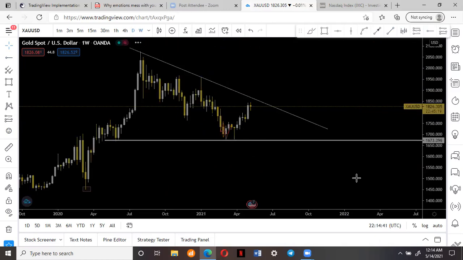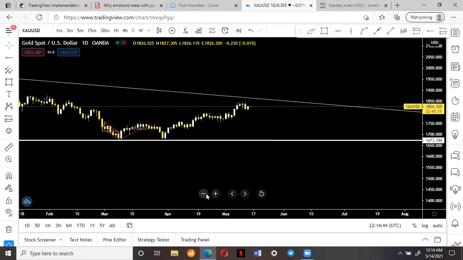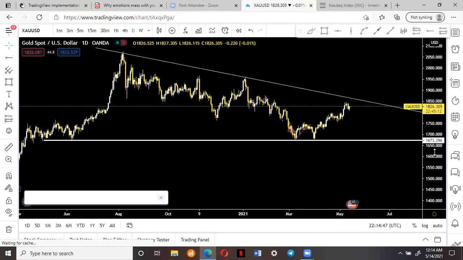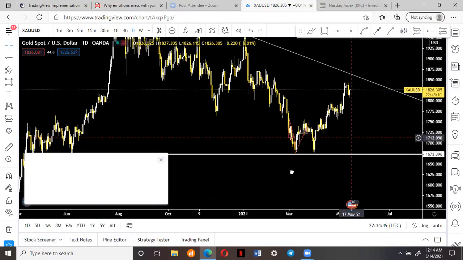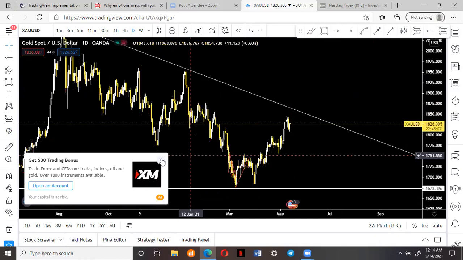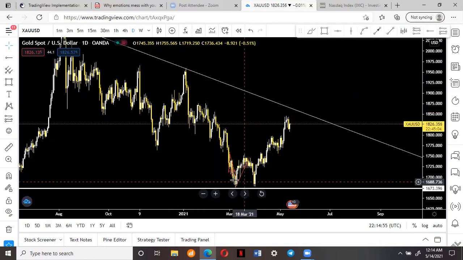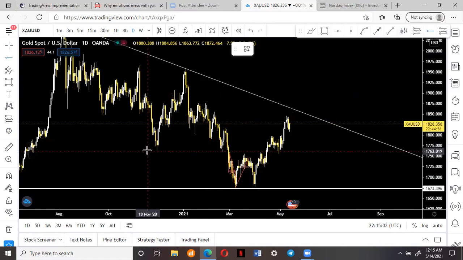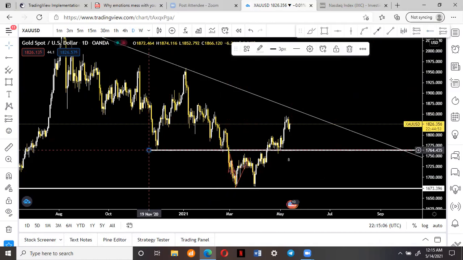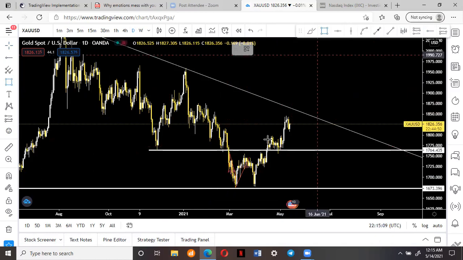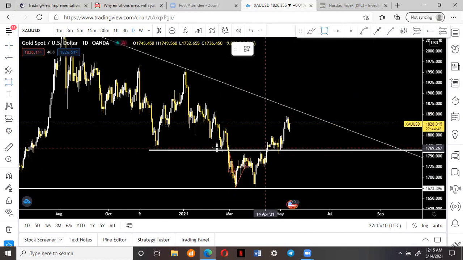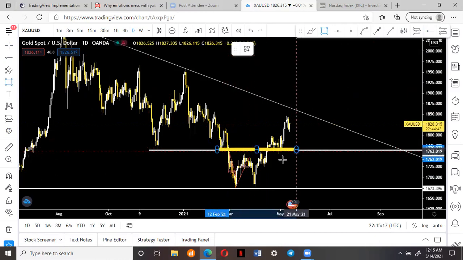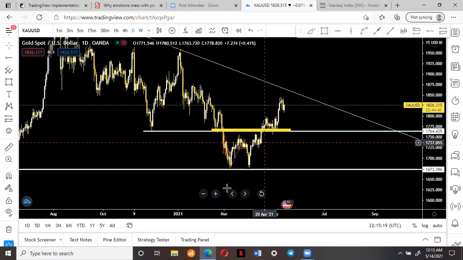So let's go down. Now down here, we can tell that after the W structure, the structure has been formed here. We were having this strong level of resistance or support there, and price managed to break and retest, right?